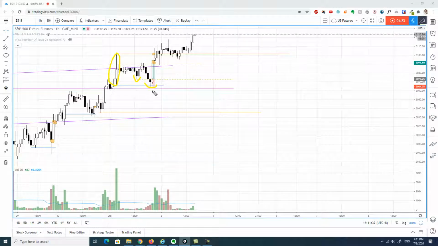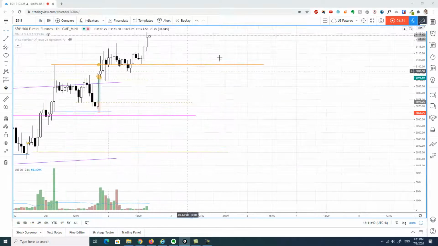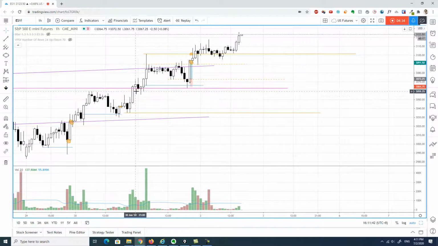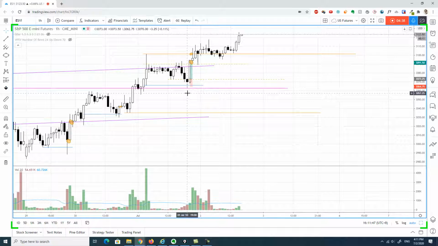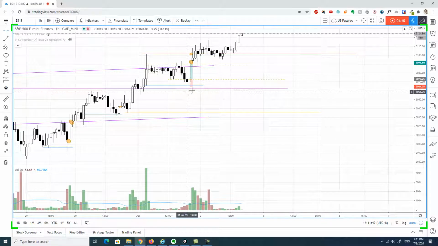If you zoom in a little bit here, you can see that it's a spring type action. This is the hammer candle here.